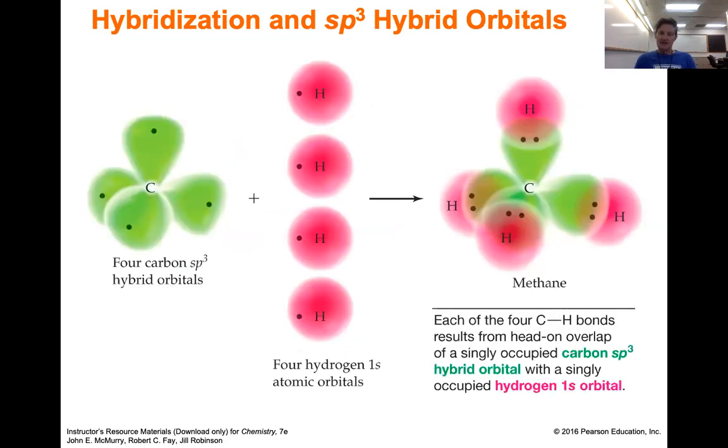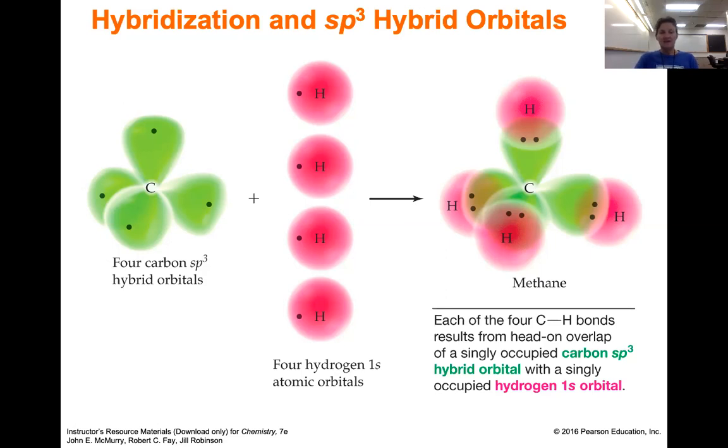So now if we look at some of the structures you can make, so methane then, because this is the example we talked about, methane could have a carbon that has sp3 hybrid orbitals. So that means it now has 4 equivalent orbitals at 109.5 degrees apart, each with 1 electron with the same spin, we'll say.